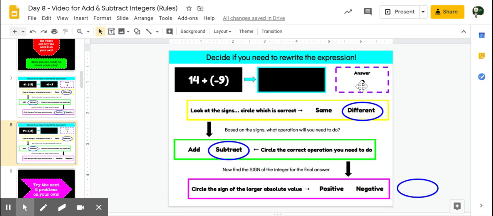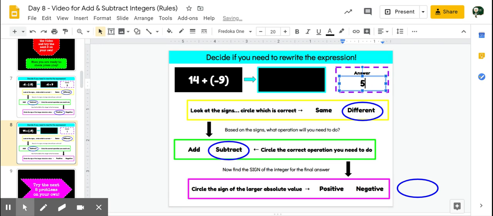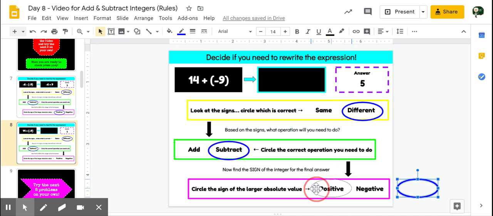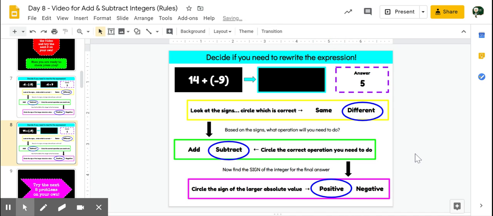So 14 minus 9 gives me an answer of 5. So finally, to our last rule, circle the sign of the larger absolute value. 14 is the larger number. 14 is positive. So therefore, I can leave my answer as a positive 5.